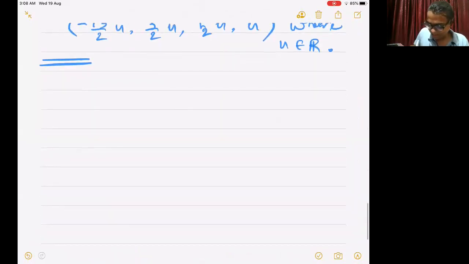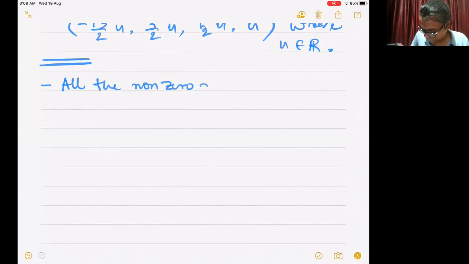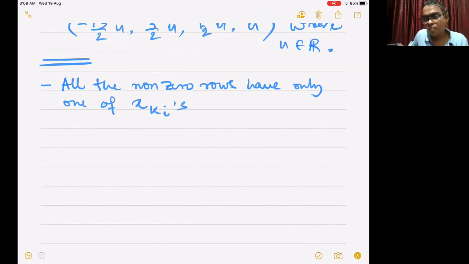But when we convert something into a row reduced echelon form, as far as it's a homogeneous equation, what we get is the following. Notice that all the non-zero rows have only one of the x_ki's, for each non-zero row.